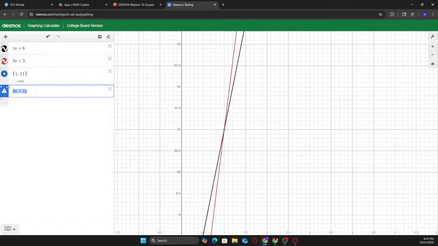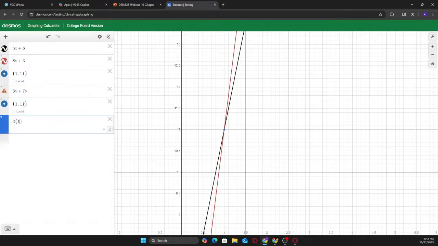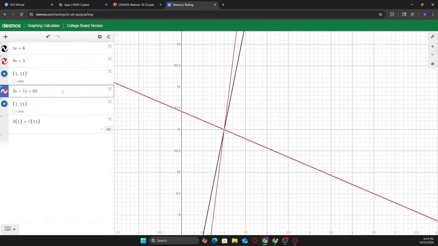The case is, no, we don't actually substitute into these equations. On paper you can, but on Desmos it's better to just graph these. Take this, and you can substitute that in. So 3 times 1 plus 7 times 11, and we have 80. So the answer to this is just 80.